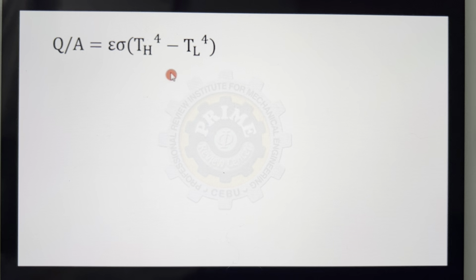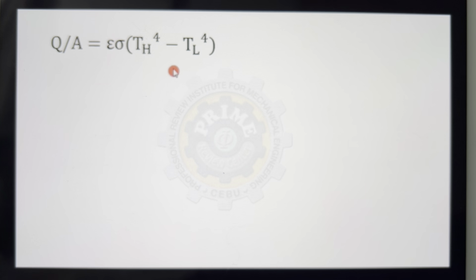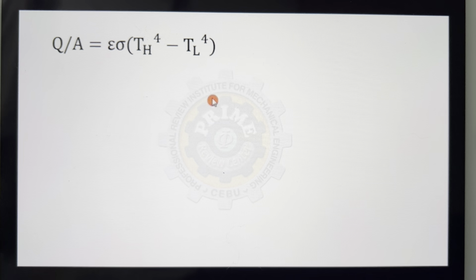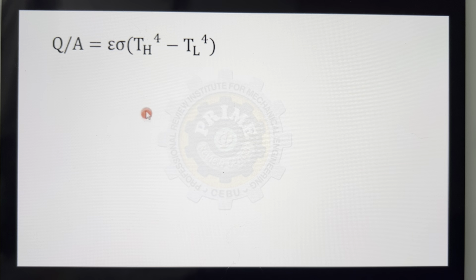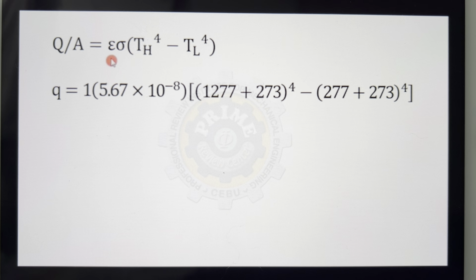So huwag kalimutan kapag sa radiation, gawin talagang absolute yung mga temperatures. Okay, so hindi given yung emissivity, pwede natin siyang i-assume as black body. So that is why yung emissivity is equal to 1. Then take note na yung black body is the most ideal body for heat transfer. So therefore, it has the maximum energy radiated.